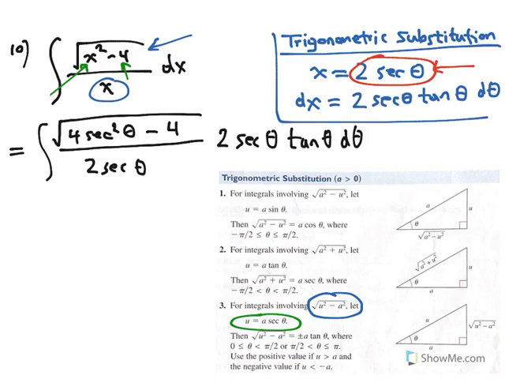The next thing that we need to do is simplify this as much as we can, and then use a trigonometric identity, a Pythagorean identity, and that would allow us to rewrite what we have in the radicand, and we will basically have the square root of a square quantity, and we'll be able to eliminate the radical sign.